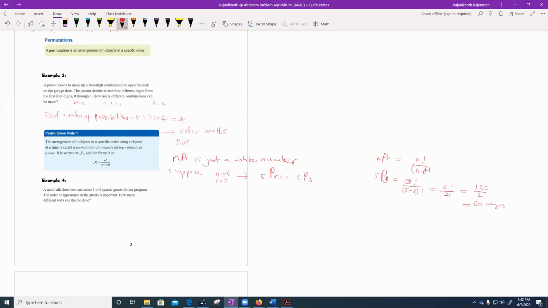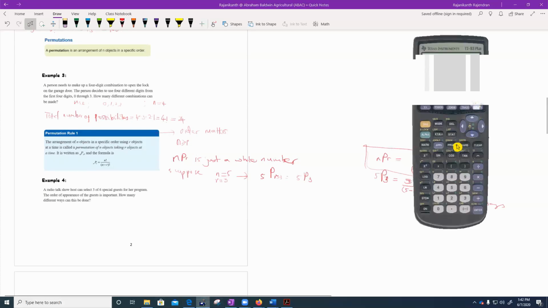Okay, but you have one more option. You could find 5P3 without using this formula. You can directly type it in your calculator. So let me show you.